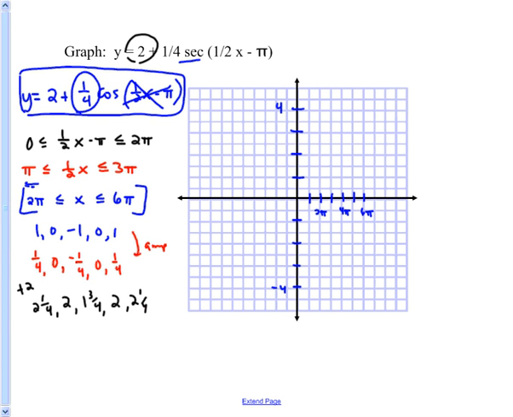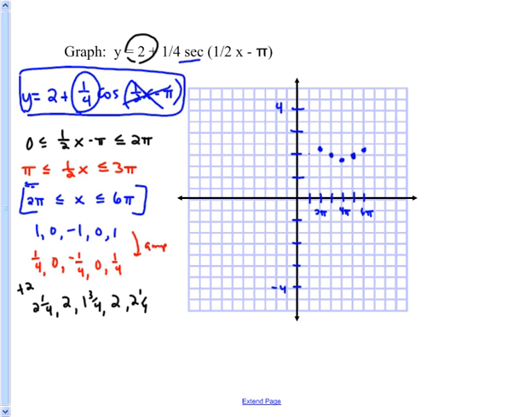2 1/4 is going to be right in here. And then at 3 pi, I'm going to get 2. At 4 pi, I'm going to get 1 3/4. At 5 pi, I'm going to get the 2. And at 6 pi, I'm going to get 2 1/4.